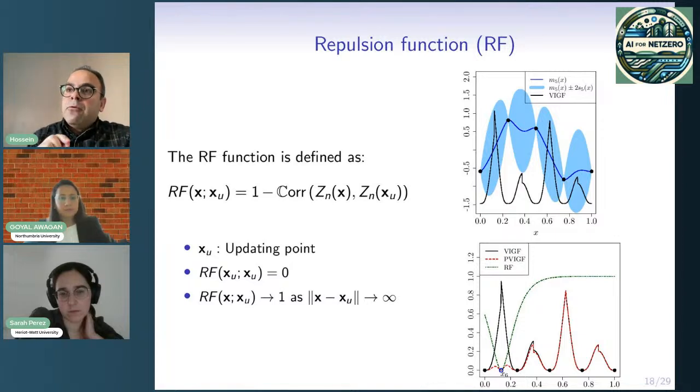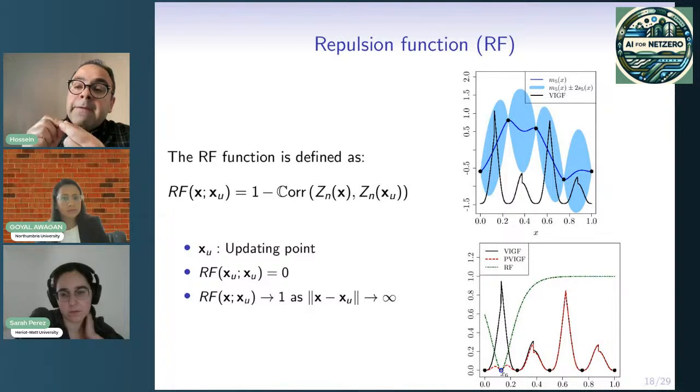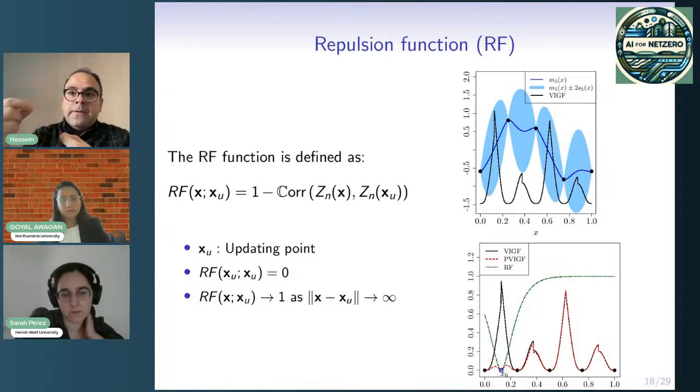We call it an updating point. It is the point that we found informative, but we want to continue sampling without evaluating the model, which is expensive, at xu. So we want to have xu and continue sampling without referring to our expensive computer model.